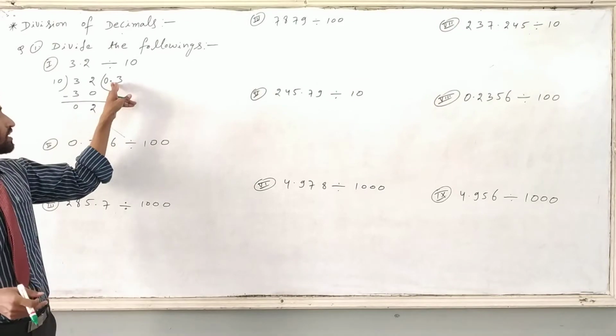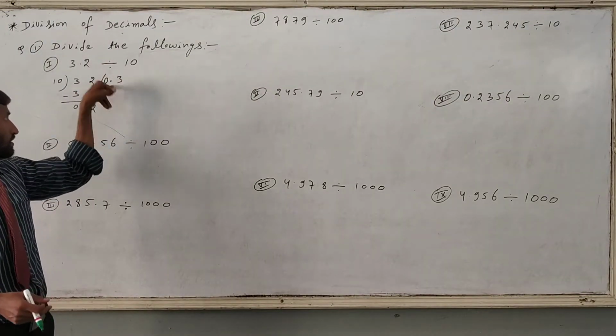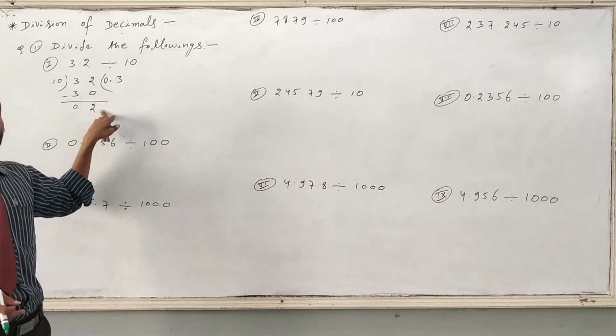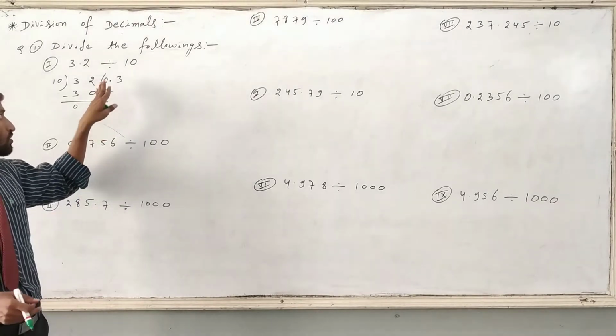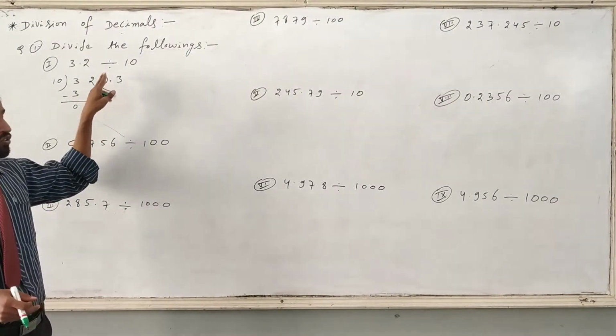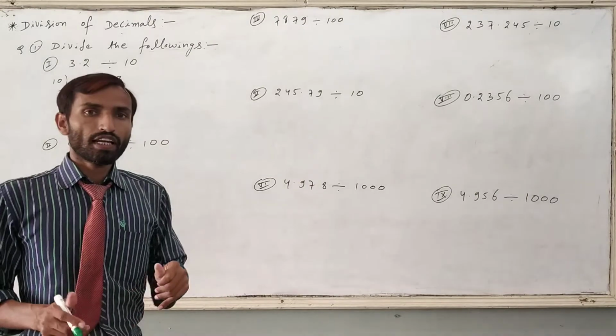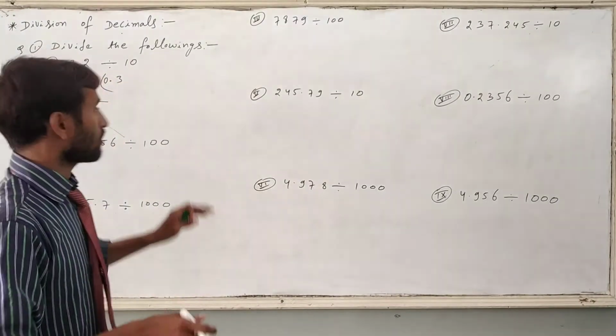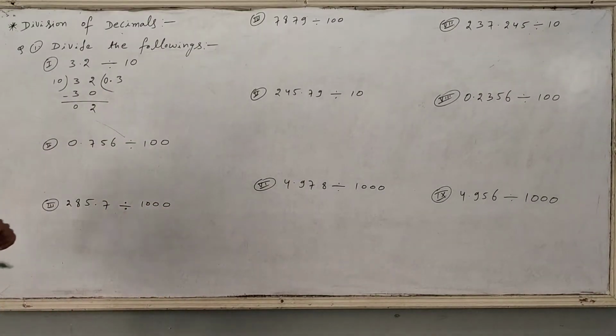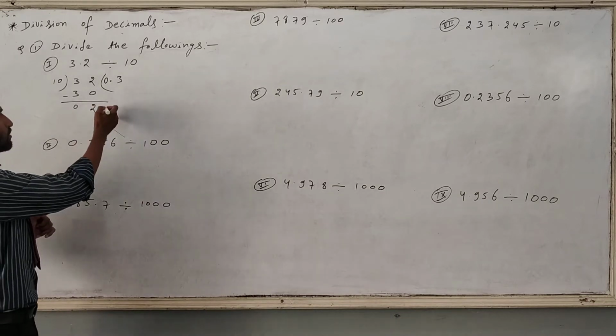If the point is not there, then we cannot put a 0 behind the number. Otherwise it is not allowed, because if the point is not there, we cannot put any 0 behind a whole number.